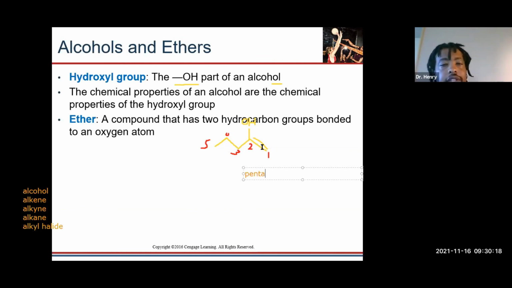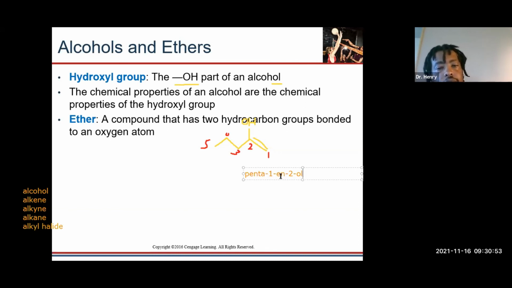Now, we have a double bond on that first carbon. So what we're going to do is put 1-ene. That lets us know that on that first carbon, we have a double bond. And then on the second carbon, we have an alcohol. So we put 2-ol. So this guy would be called penta-1-ene-2-ol.